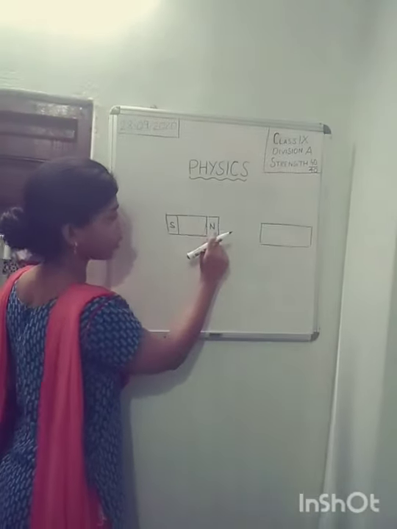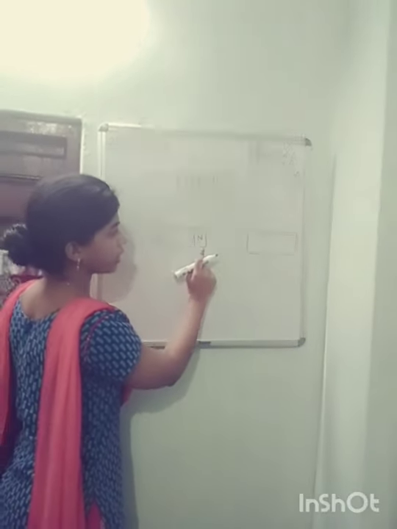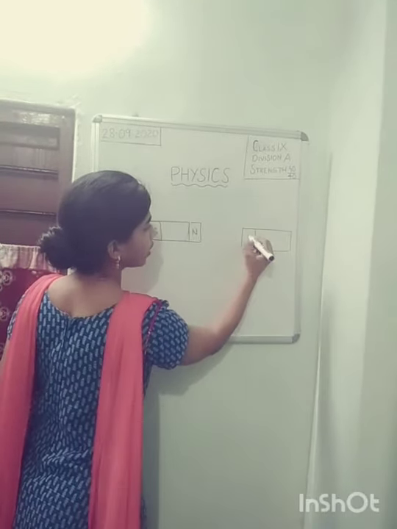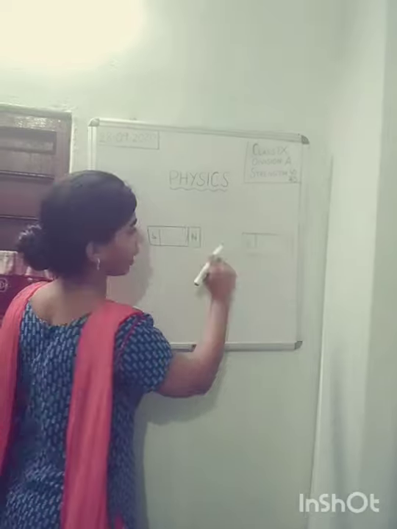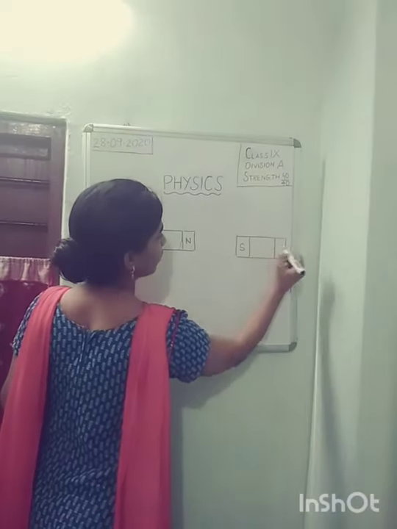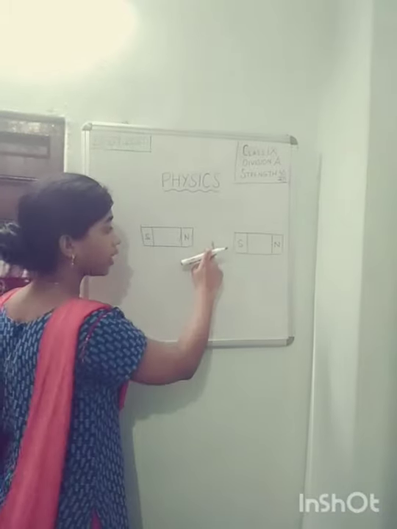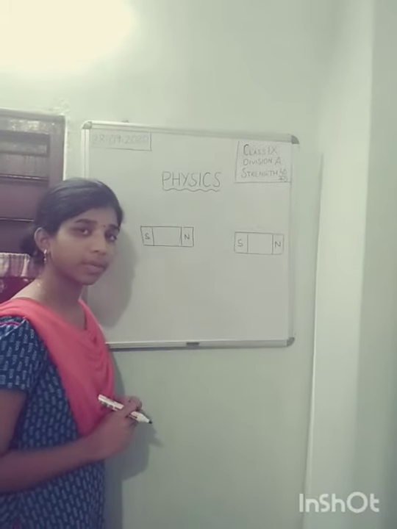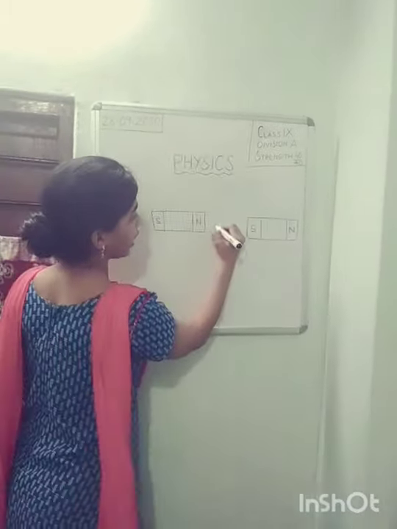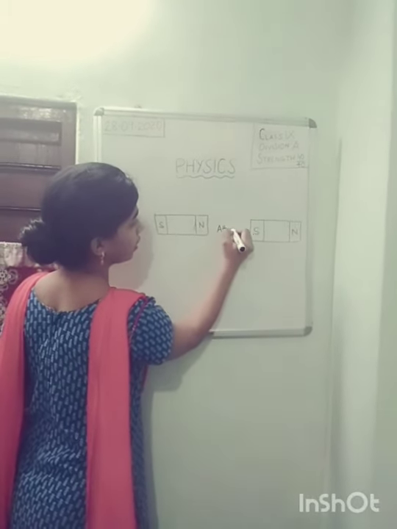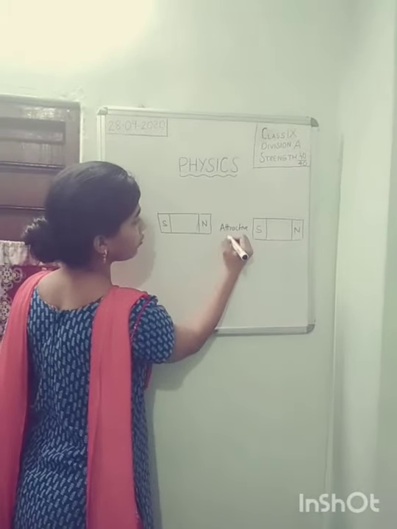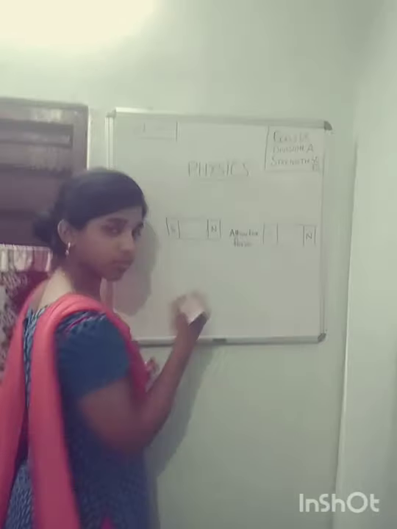Suppose I am taking the north pole of a magnet in this direction and keeping the south pole of the other magnet in this direction, such that they are facing each other. What kind of force exists between them? Yes, there is attractive force. There is attractive force that exists between them.